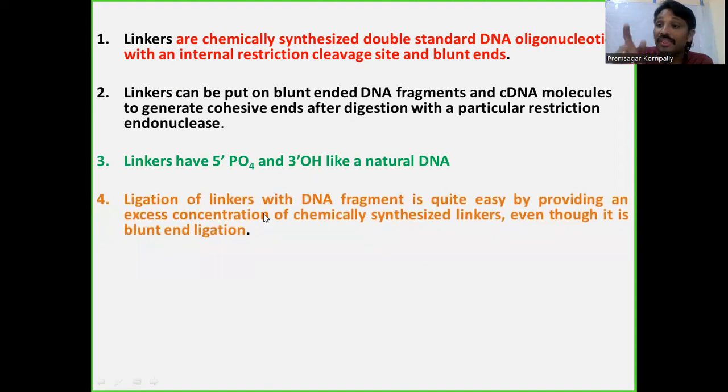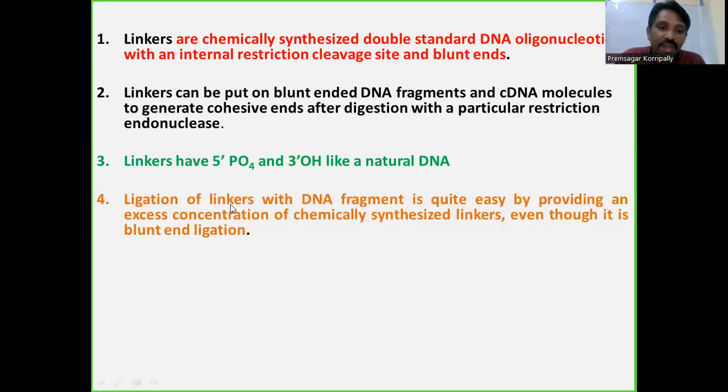You see, ligation of linkers to the blunt-end DNA molecules is quite easy because you can provide larger quantities of linker molecules, so that the proportion of linker to the blunt-end molecule is so high that the ligation happens easily.